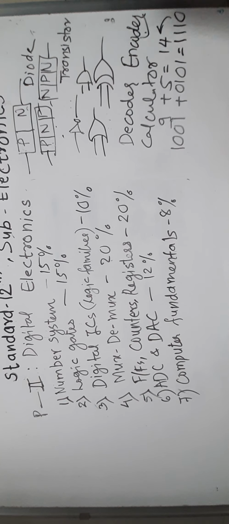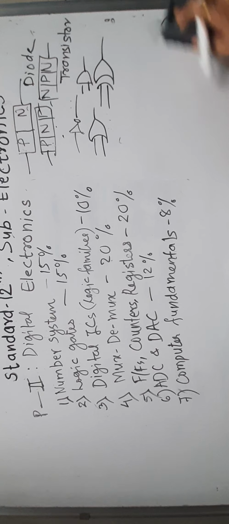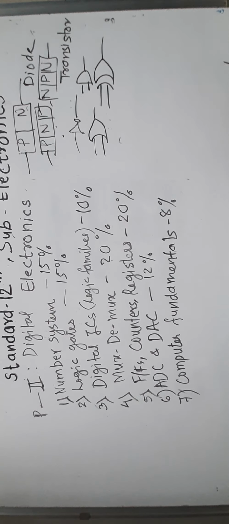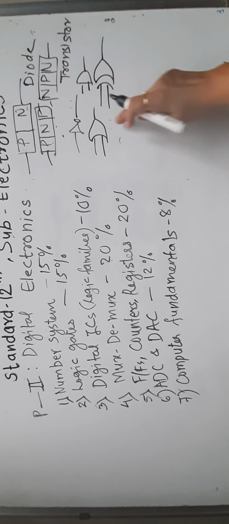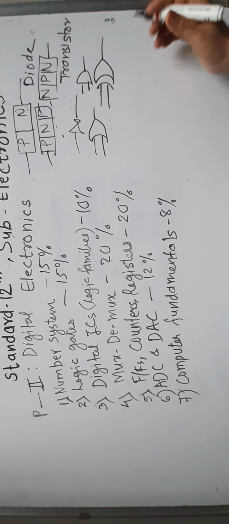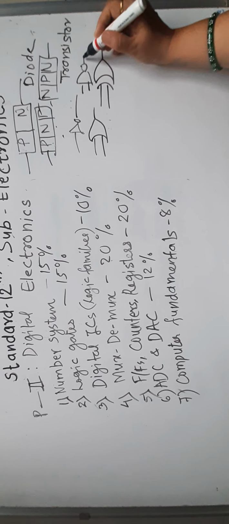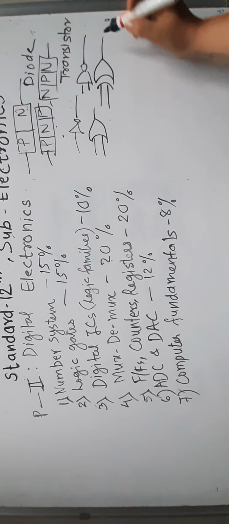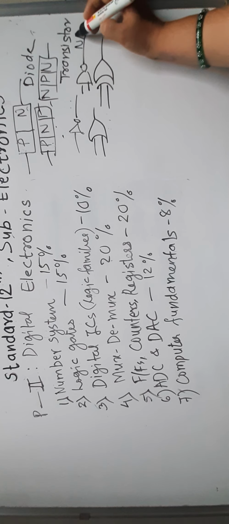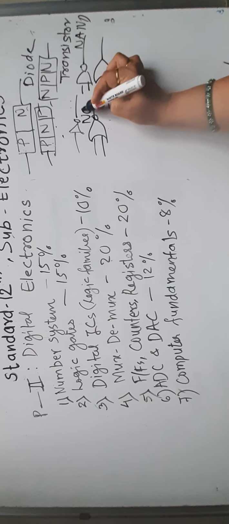This is also a very important and very easy chapter, and it has 20% weightage. Next is flip-flop, counters and register. Now we will continue here with how flip-flops are formed. See, in addition to this circuit, one more gates are there. This is NAND and this is NOR.